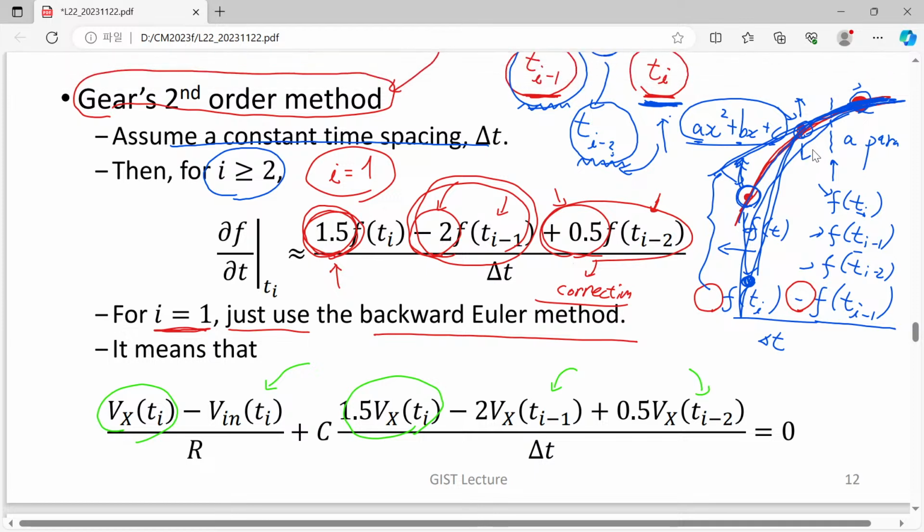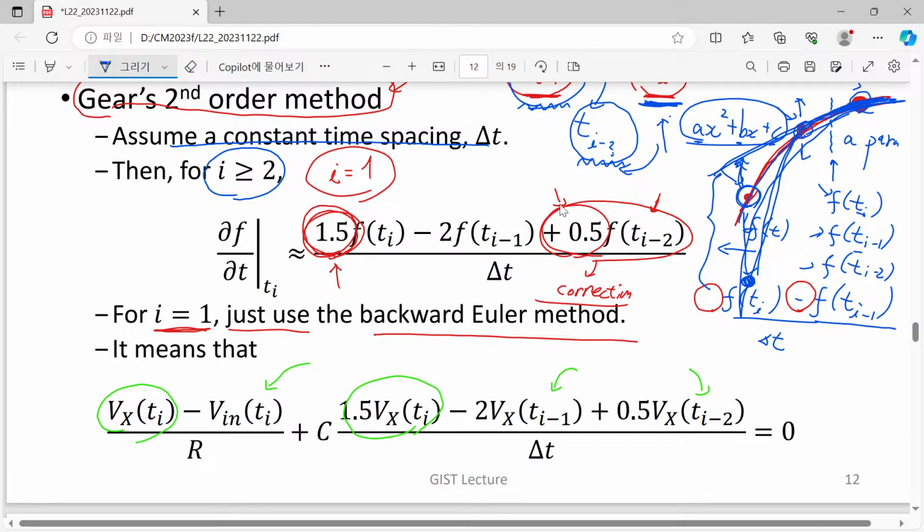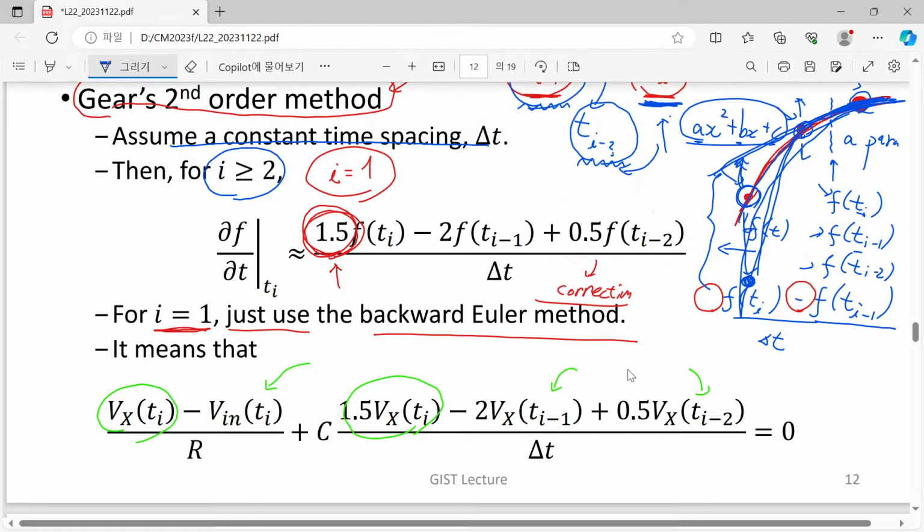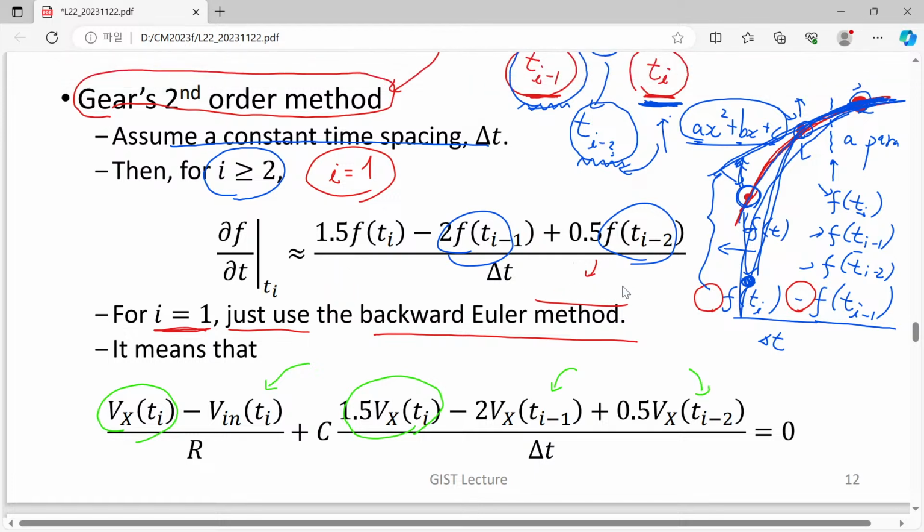That was a really good question. Although the derivation is not shown here, from the viewpoint of Gear's second order method, the first one and the second one play completely different roles, and that is the reason why we have different coefficients for them. Okay, good question.